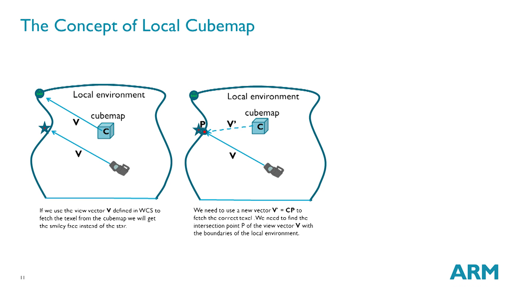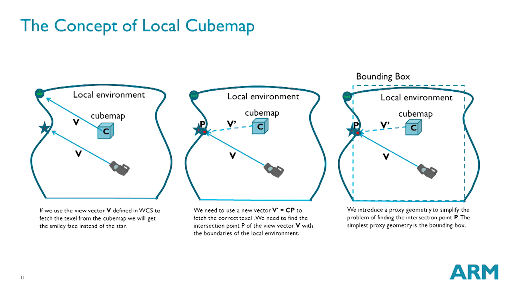But the problem is how we can find the intersection of that vector with the boundaries, because it can be arbitrary. The only way to do that is to simplify the problem and use a proxy geometry, in this case, a bounding box. Why? Because we know that it's easy to find the intersection of a vector with a bounding box, and the solution will be even simpler if the origin of the vector is inside of the bounding box.